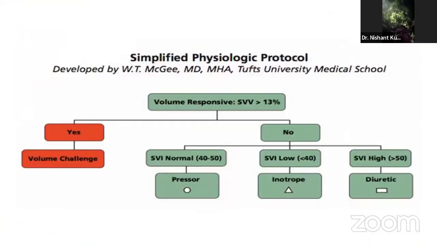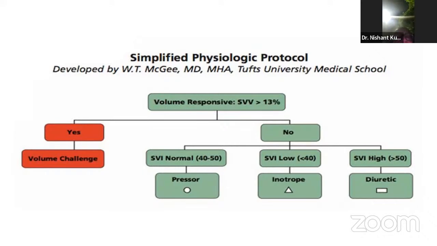So a simplified physiological protocol is that if the SVV is more than 13%, that means you give a volume challenge. If the SVV is normal, right? So you look at stroke volume index. If the SVI is low, that means that there's a problem with the contractility.